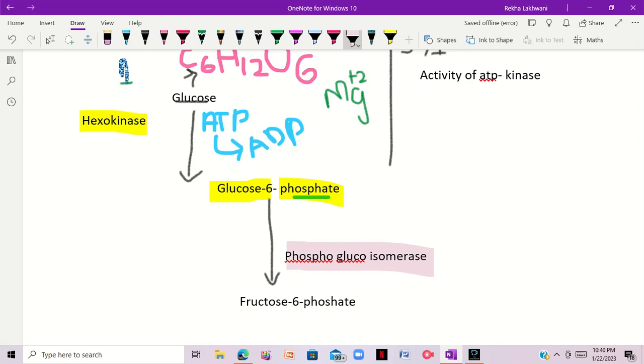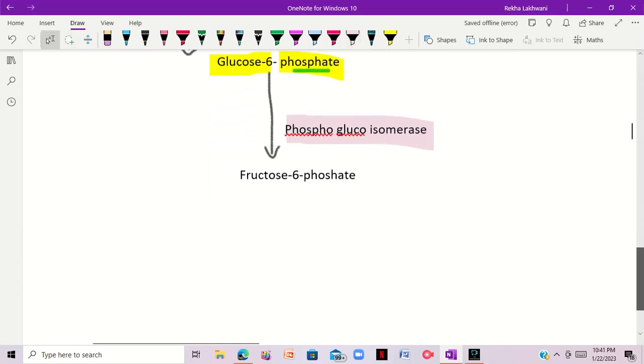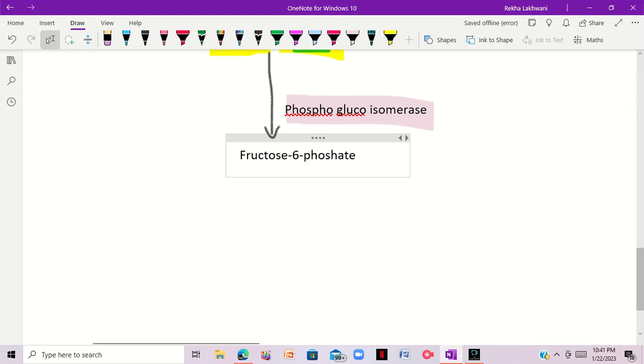So glucose 6-phosphate is converted into fructose 6-phosphate, right? Now what will happen?